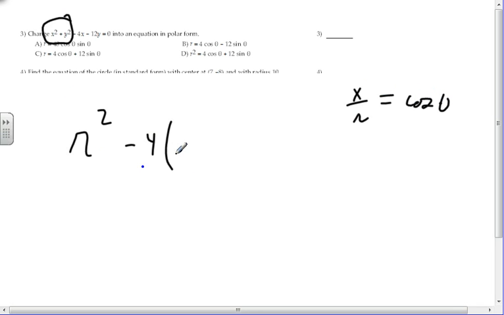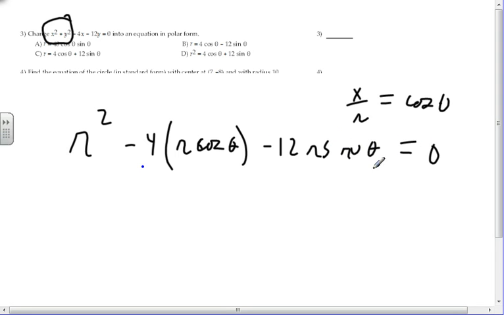So this is going to be r cosine theta minus 12 r sine theta is equal to 0. Okay, the only one that's r squared is this one.